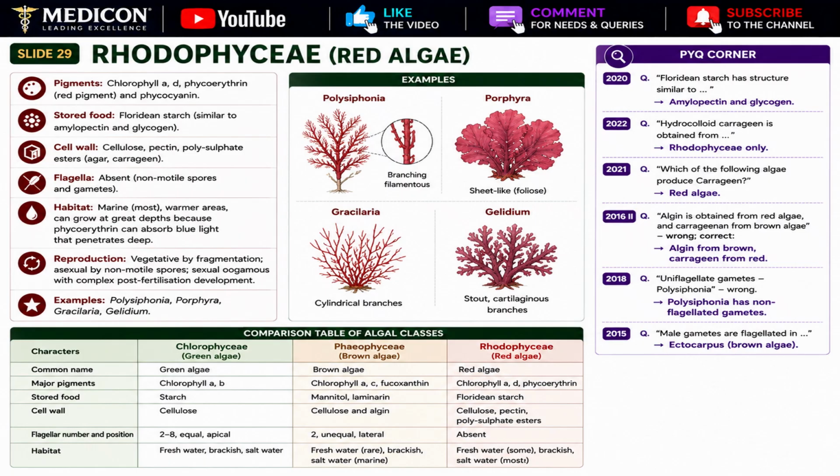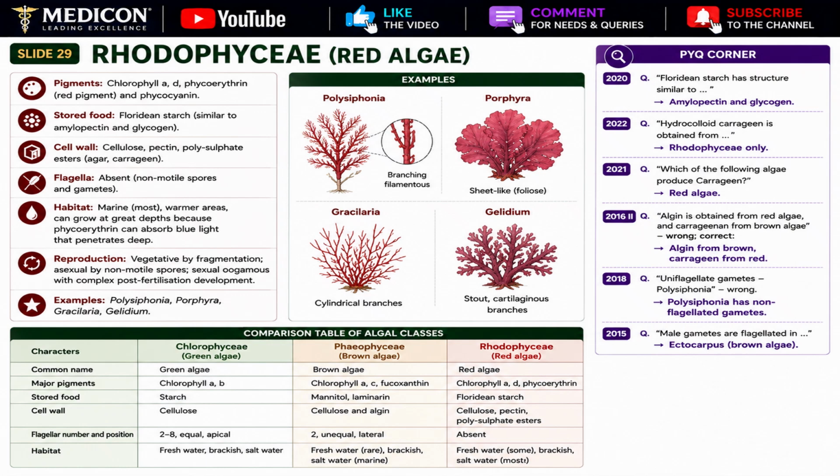And the cell wall is made up of cellulose in Chlorophyceae, cellulose and algin in Phaeophyceae, and in Rhodophyceae it is cellulose, pectin, and polysulfate esters. Similarly, when it comes to flagella, 2 to 8 equal and apical flagella can be seen in Chlorophyceae, whereas only 2 flagella, unequal and lateral, are seen in the Phaeophyceae, and the flagella is totally absent in Rhodophyceae. And when it comes to habitat, Chlorophyceae can be seen in freshwater, brackish, and saltwater also.